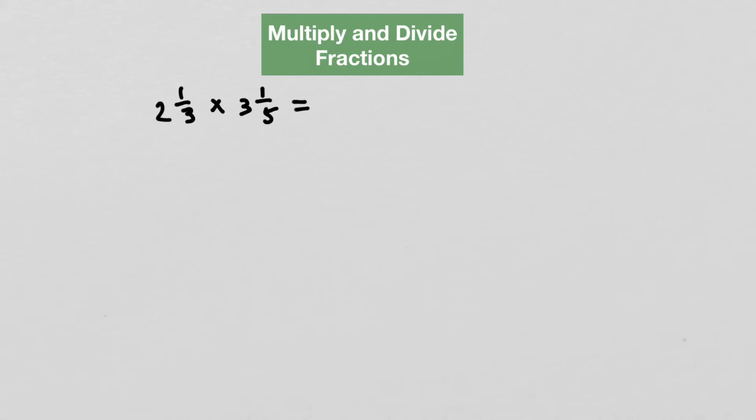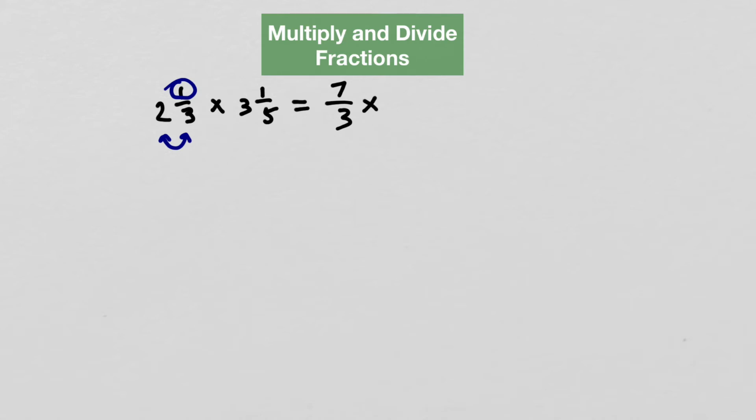Okay, improper fraction is when the numerator is larger than the denominator. And to do that, in the first term, we're going to multiply 2 times 3 plus 1, which is the numerator, and we get 7/3. If you remember, we're going to multiply 2 times 3 first, and then we're going to add 1 to get 7/3. Okay?